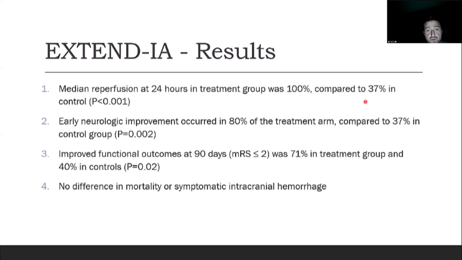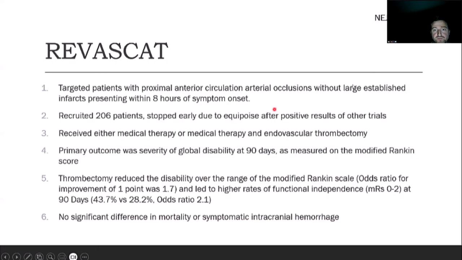Early neurologic improvement occurred in 80% in the treatment arm compared to 37% in the control group, and improved functional outcomes at 90 days was 71% in the treatment group and 40% in the controls. So again, significant improvement in patient quality of life.